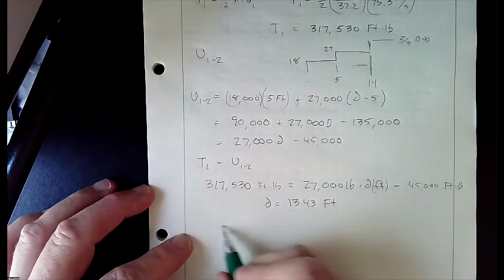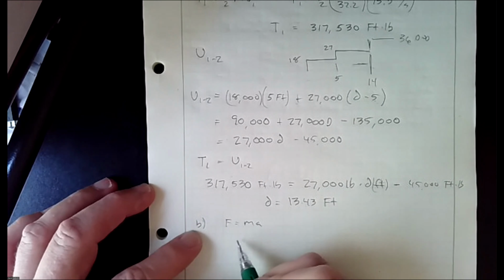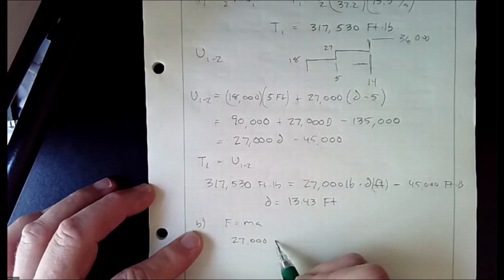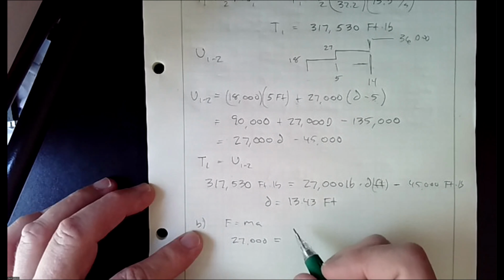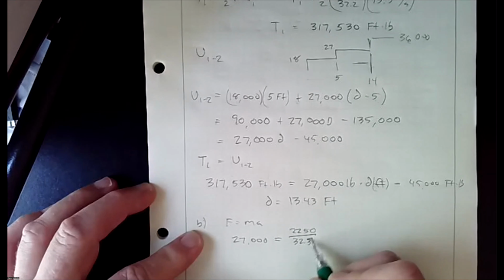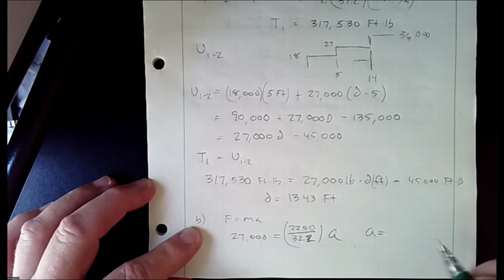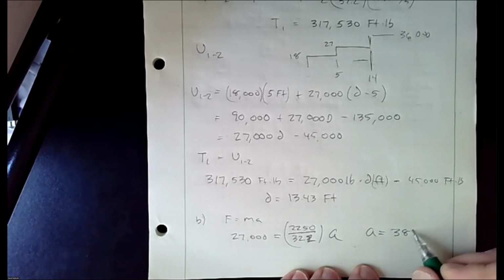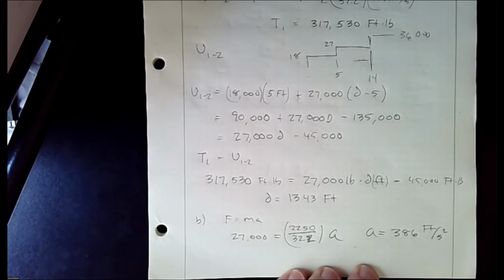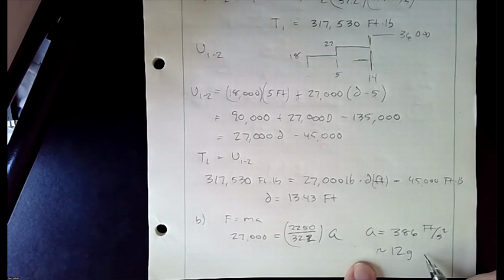And so we know that if we say part B, F equals ma, then 27,000 equals the mass, 2250 divided by 32.2 times A. And so A equals about 386 feet per second squared. So if you think about that, 386, that's about almost 12 Gs.